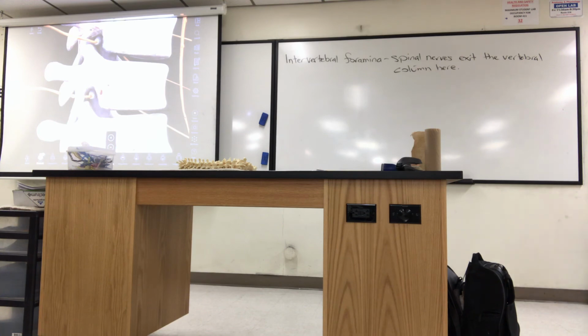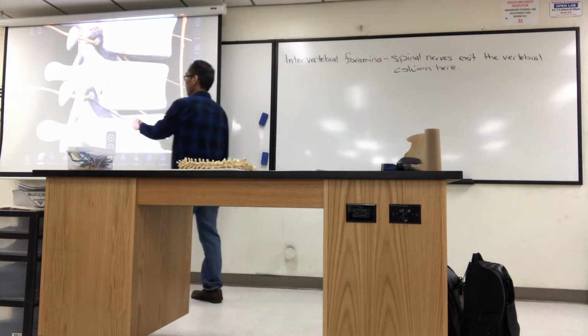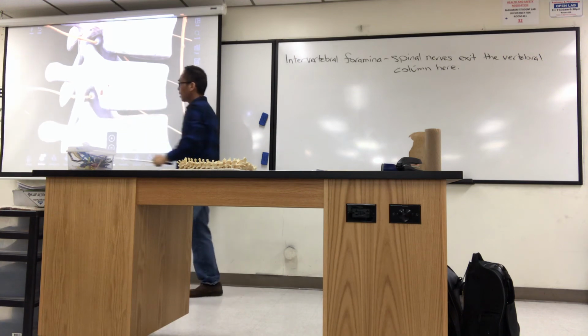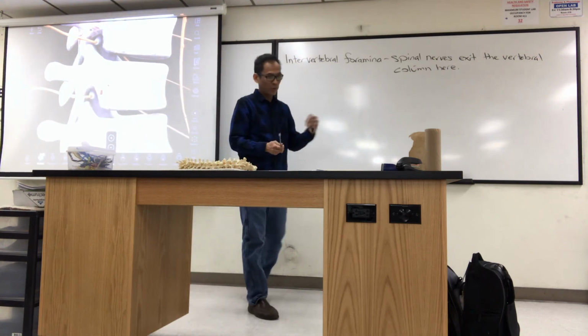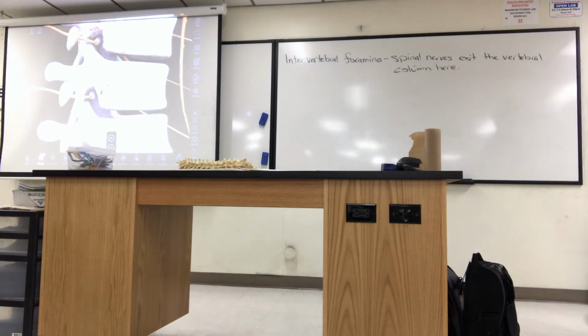So you see those yellow things coming out of the side? Right here. So this space, if I have you identify the hole, call it intervertebral foramina, but what's that called? Spinal nerve. So that way you don't confuse it with cranial nerves, which we'll get to. Cranial nerves exit the skull, spinal nerves exit there.